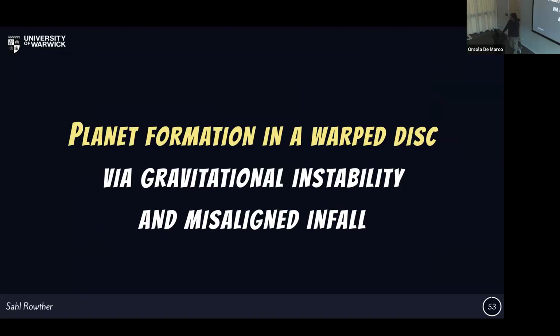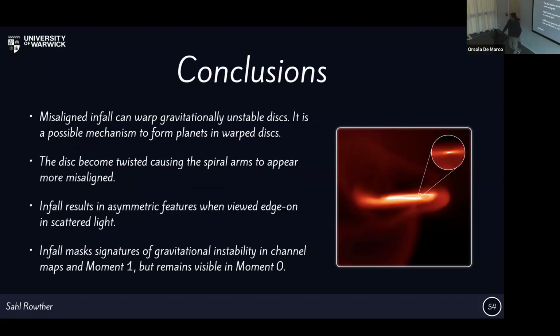So the main takeaway from this talk is that you can get misalignment formation in a warped disk via the combined influences of gravitational instability and misaligned infall. So it's a possible mechanism for forming misaligned planets.